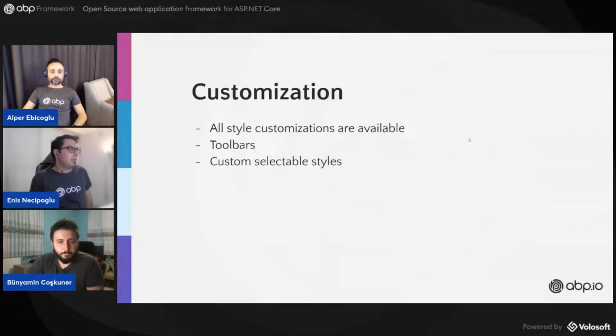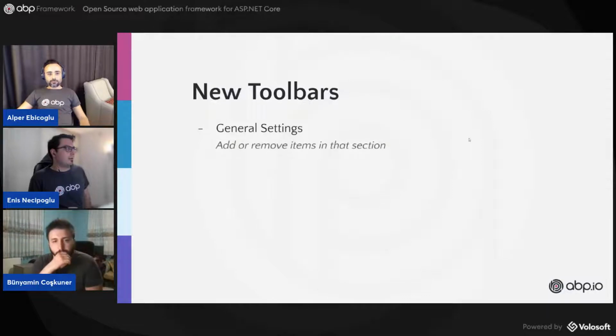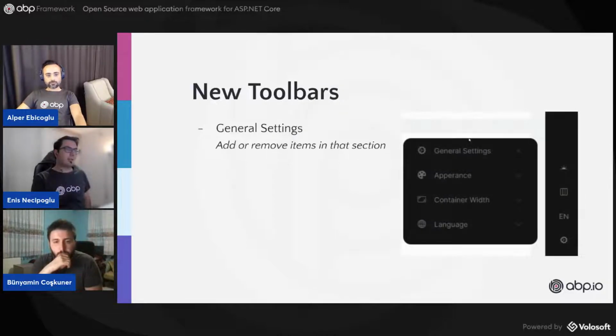And custom selectable styles: as Bünyamin shows, if you develop your own theme, you can add it as an option for users. Let's see a couple of new toolbars. We have general settings, as I said before. You can remove items or add new items for that general settings option at the bottom right.